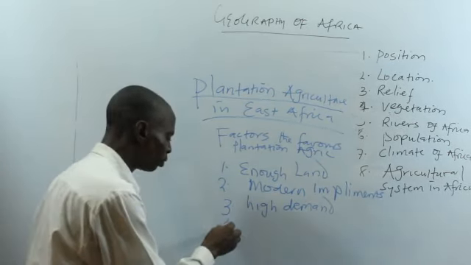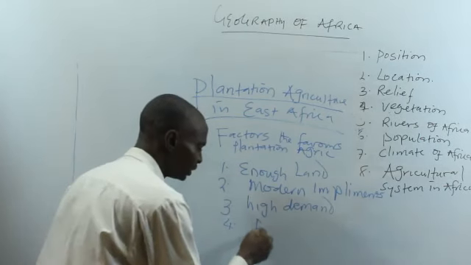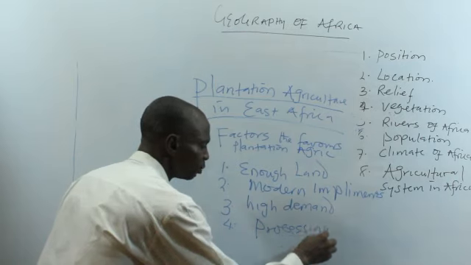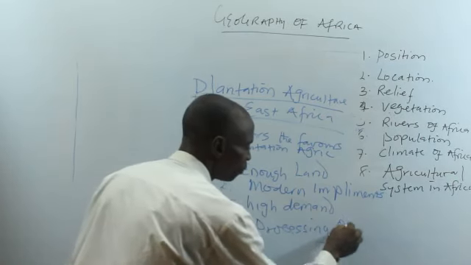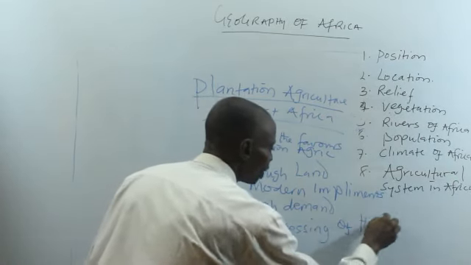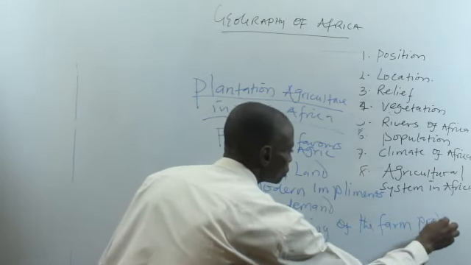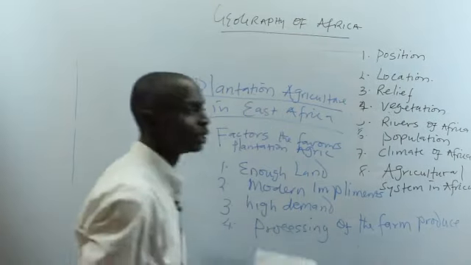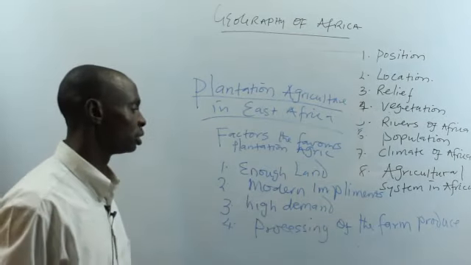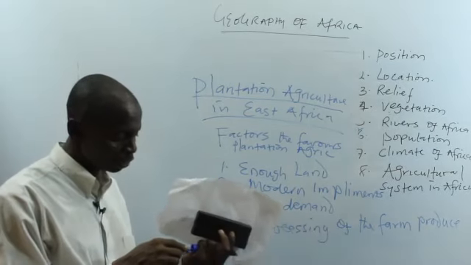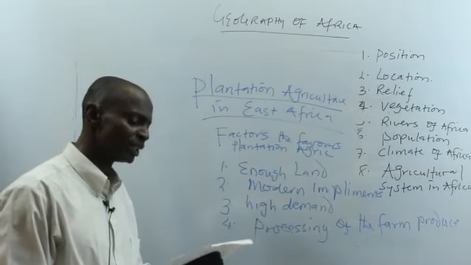Then number four, processing of the farm produce. The processing of the farm produce will have to be done within a short period of time to discourage wastage.